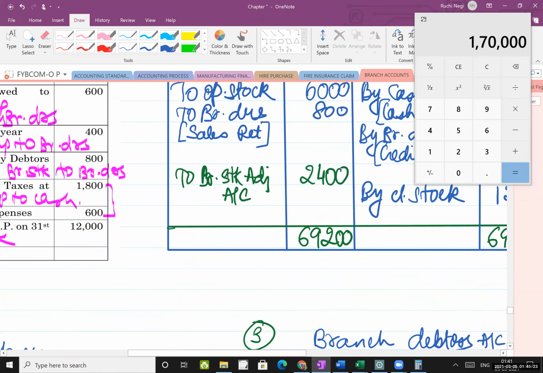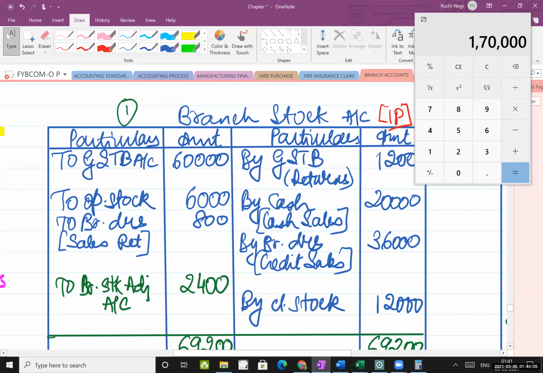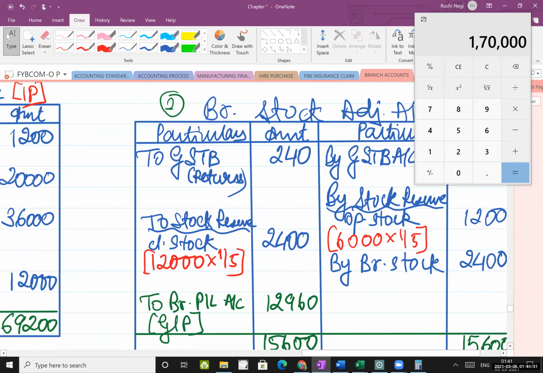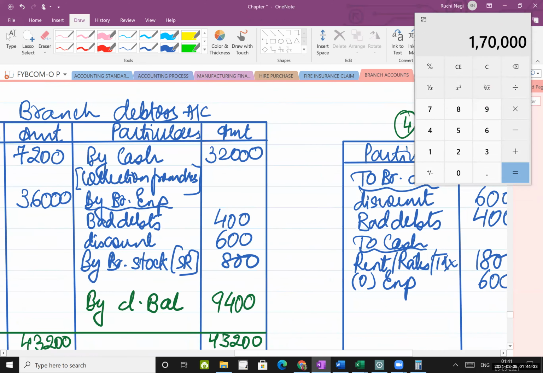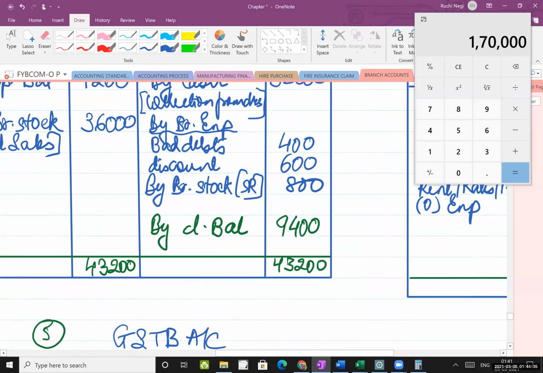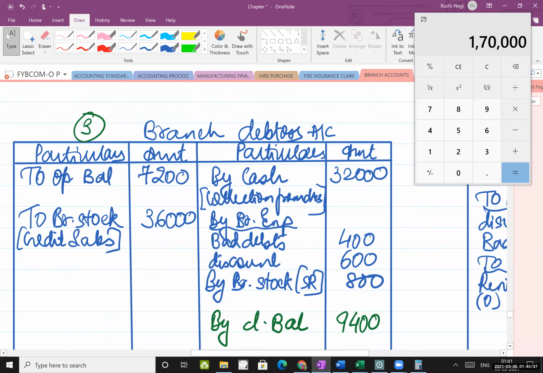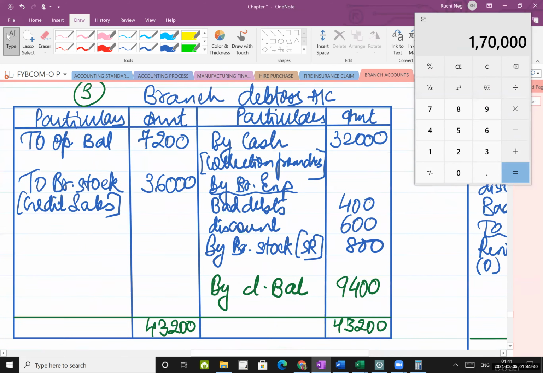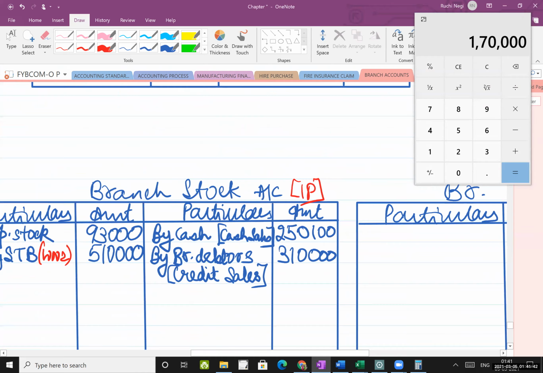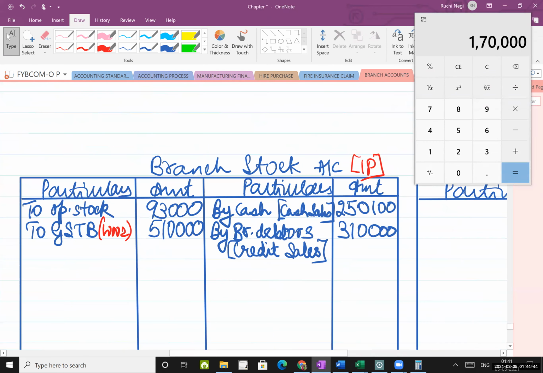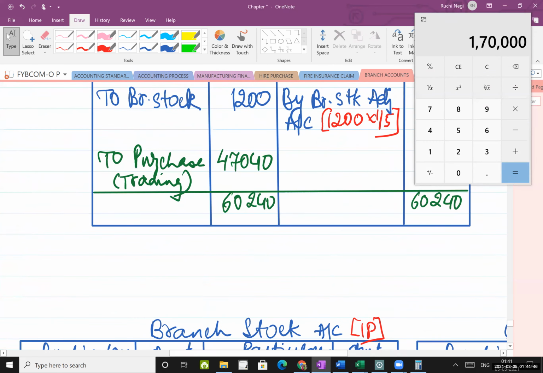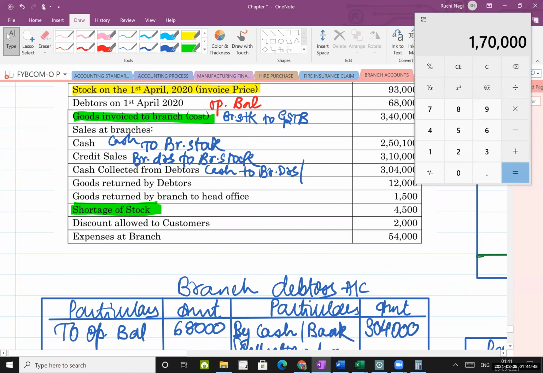Here it is, I'll show it to you. Okay, here we are making it separately. Okay, don't forget that assumption. It's very, very important. See, here also branch debtors to cash. Next, this is also done.